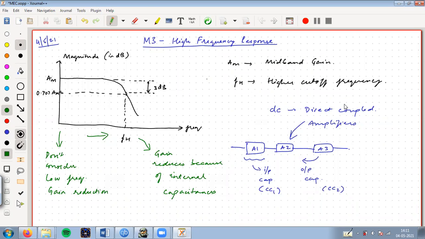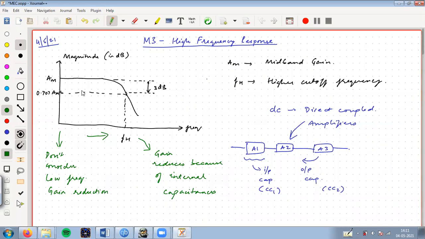And here we don't consider low frequencies because we assume that A1, which provides the input capacitance, and A3, which provides the output capacitance, are sufficiently short circuited at low frequencies. So there you don't have any gain reductions.